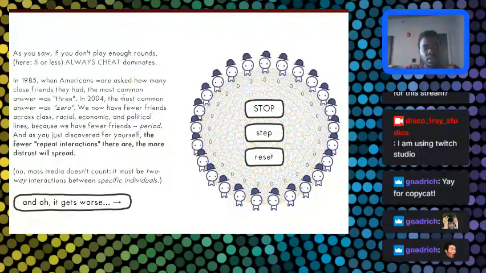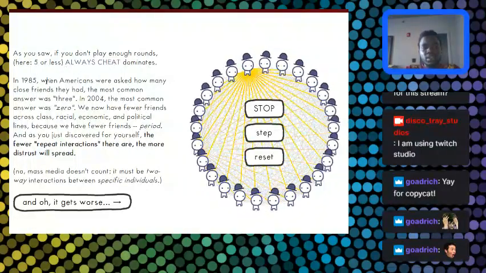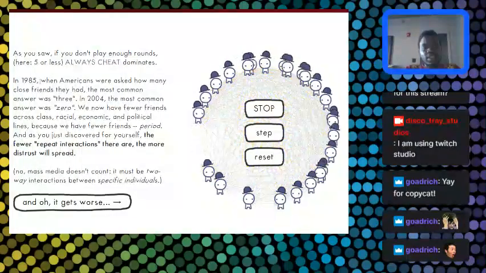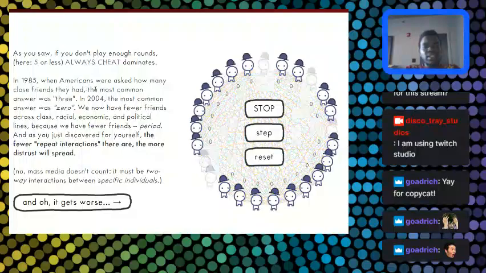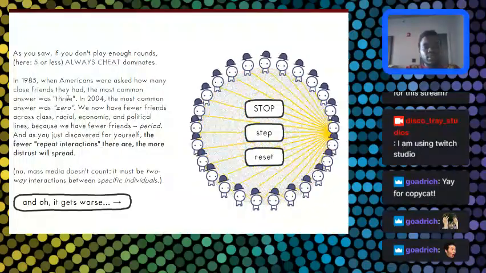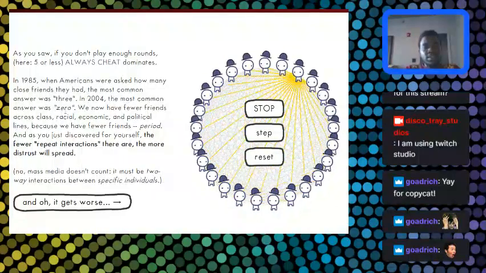So, as you saw, if you don't play enough rounds, 5 or fewer, all the cheats dominate. In 1985, when Americans were asked how many close friends they had, the most common answer was 3. In 2004, the most common answer was 0.